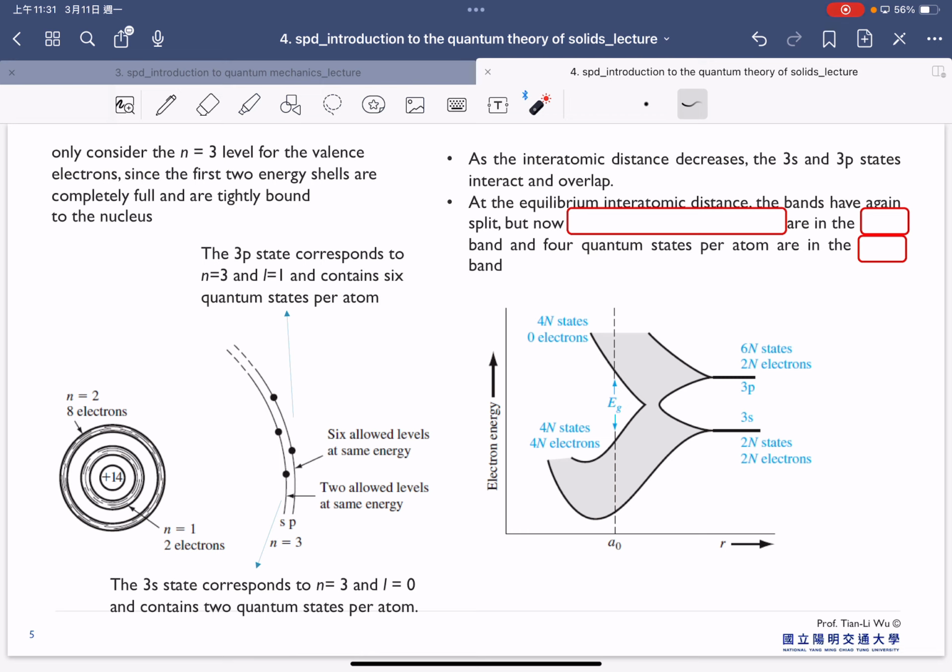The thing is that the 3s and 3p will start to interact and overlap.